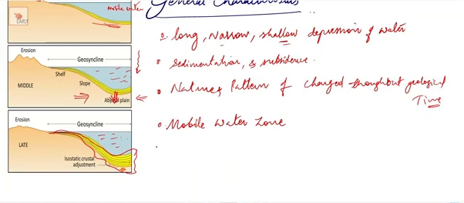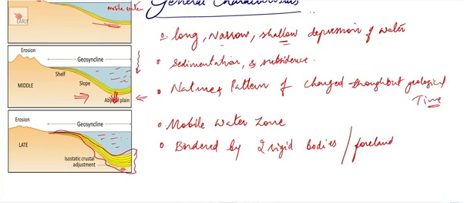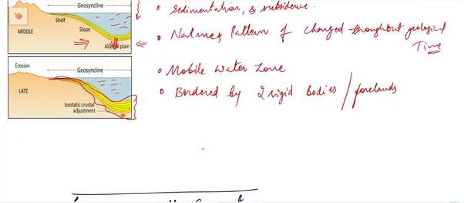Then the next characteristic is that it is bordered by two rigid bodies, also called forelands. Actually, here we cannot see that, so I will draw it and explain for you. Actually, geosynclines will be like this. Further on, we can see what geosyncline actually is.